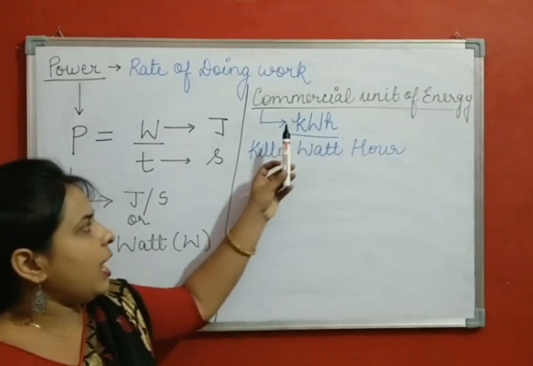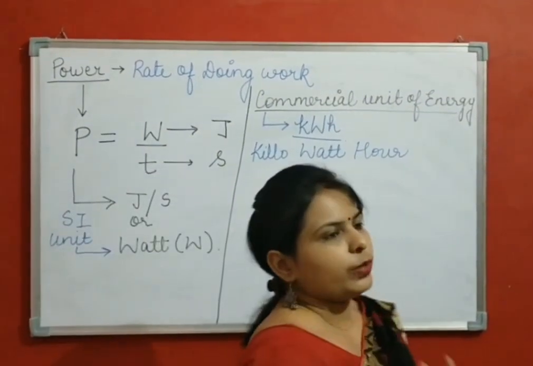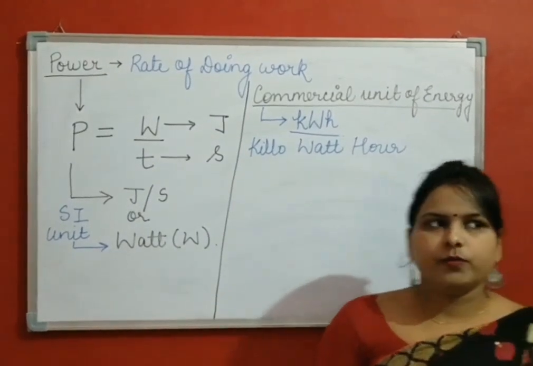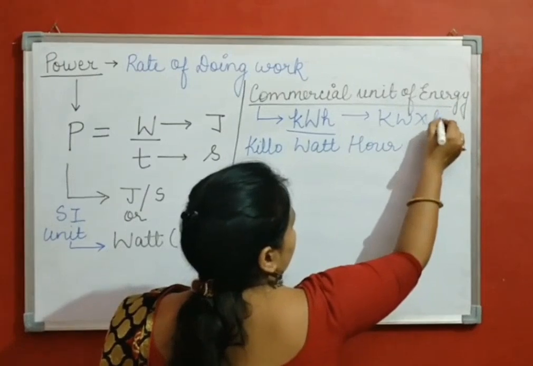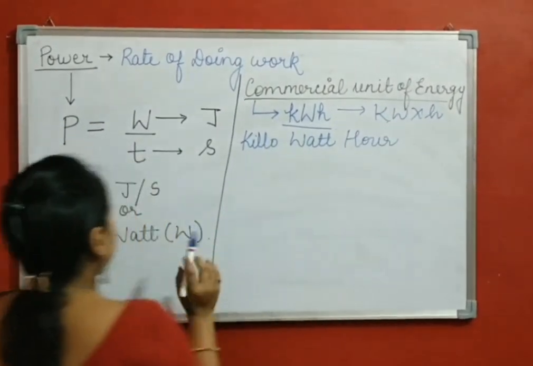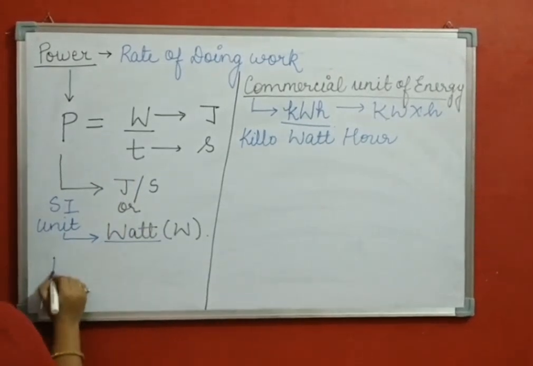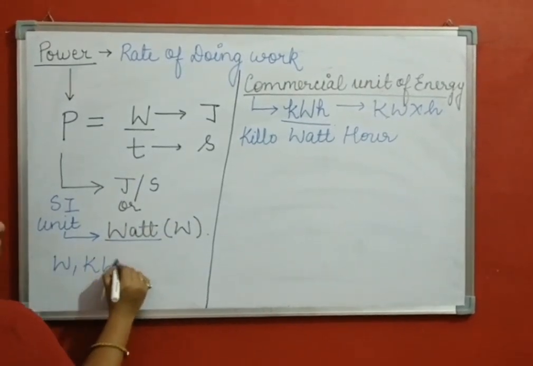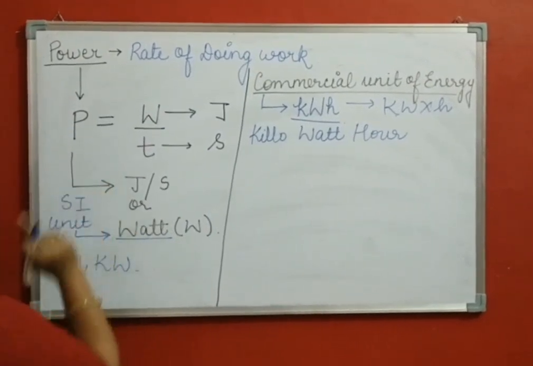And how do you define the commercial unit of energy? Kilowatt hour and kilowatt, both are related to power. The SI unit is watt, and other units are kilowatt, horsepower, etc. So kilowatt is also a unit of power.